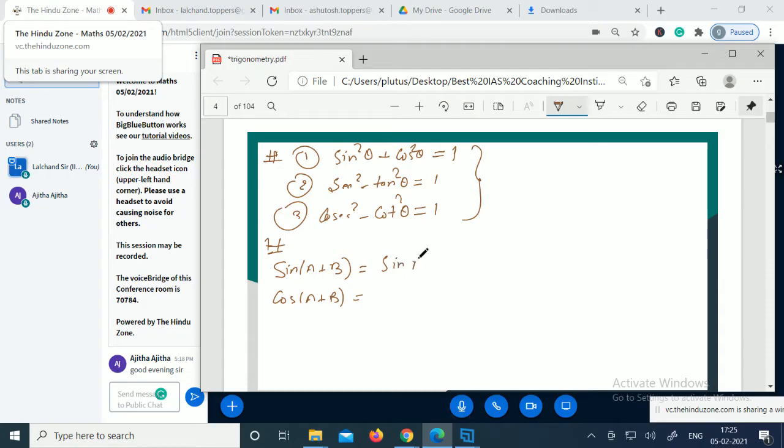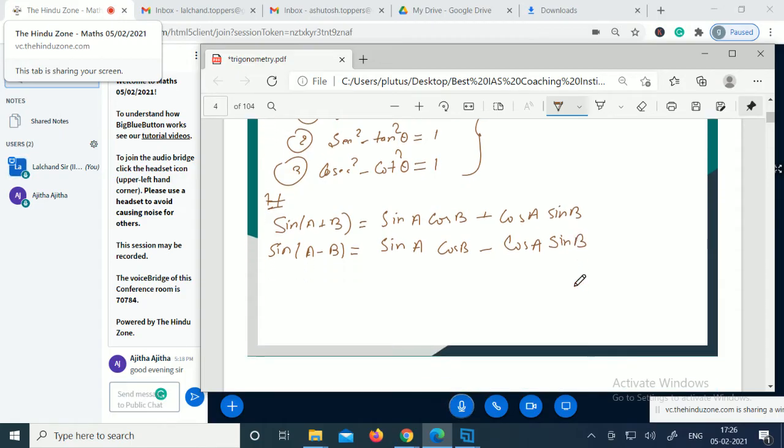Sine A cos B plus cos A sin B. Okay, and what is the formula for sine A minus B? Sine A minus B is sine A cos B minus cos A sin B. Okay, now look, if we add these two formulas, what do we get?